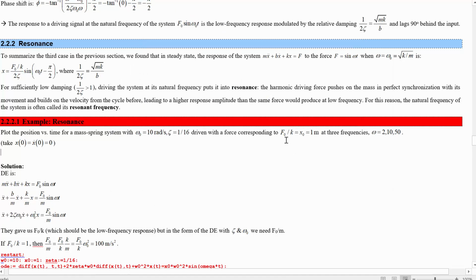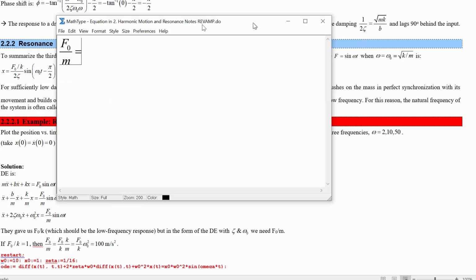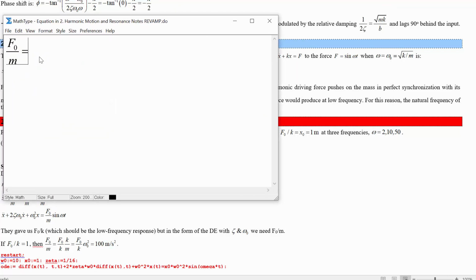We do know that F naught over K is equal to 1, and we know omega naught and zeta, so can we rewrite this in terms of things that we do know? Well, yeah. So we want F naught over m, and we know that F naught over K is 1 meter. So that means F naught is going to be equal to K times 1 meter.